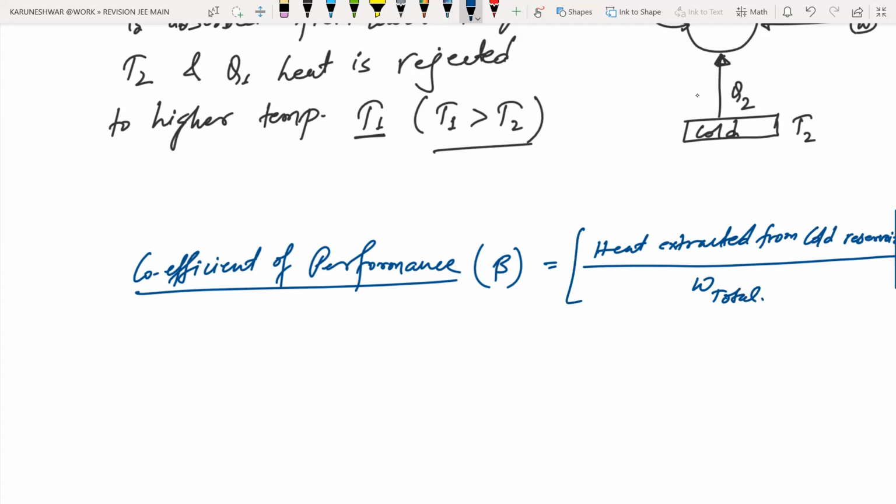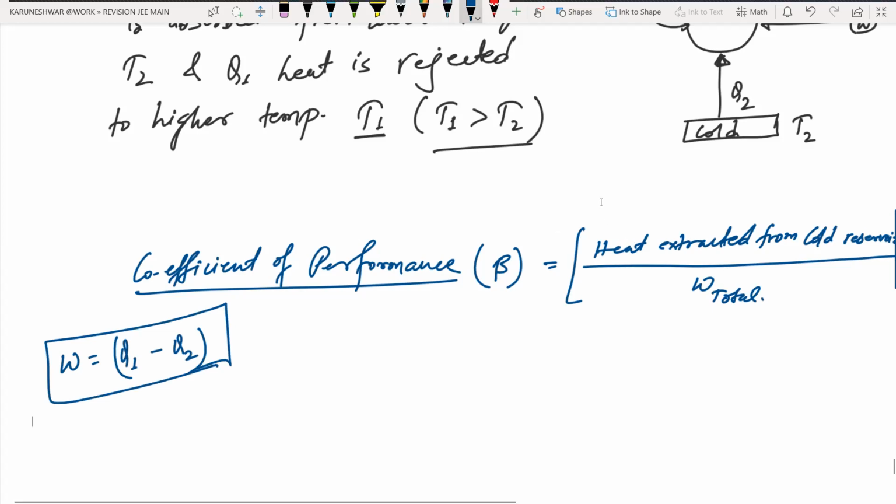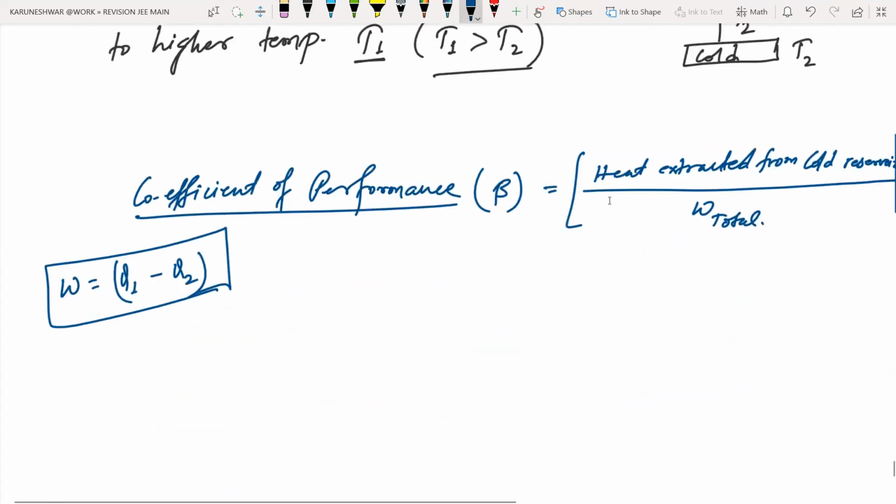We know how to calculate work: it is Q1 minus Q2, the heat rejected minus the heat absorbed. So Q1 minus Q2 is the work you can calculate.